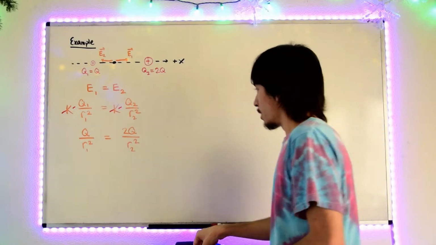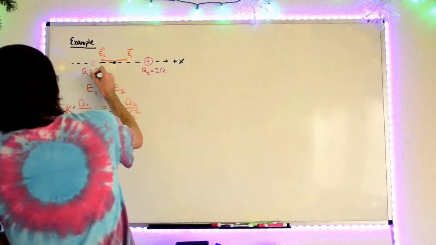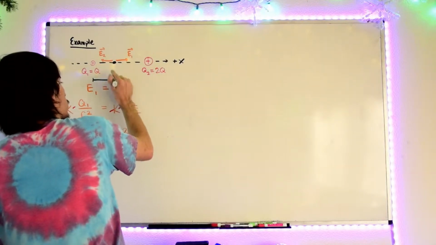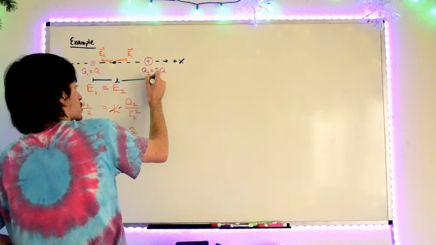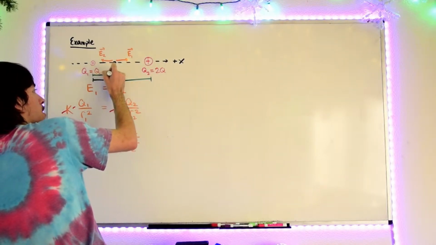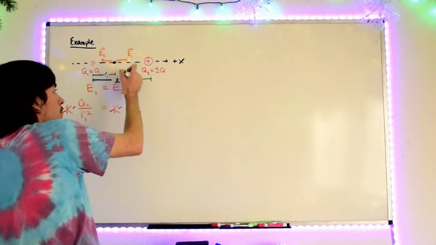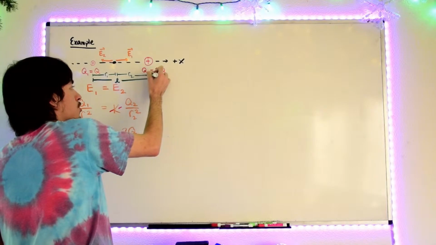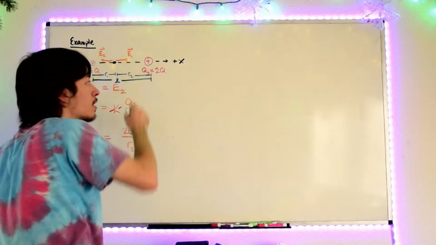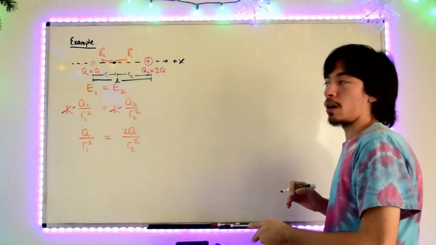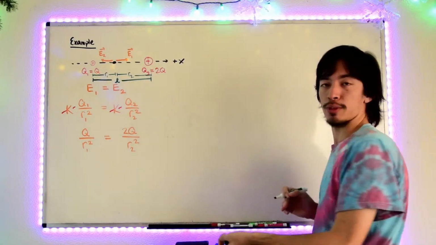What we need to realize is that R2 is directly related to R1 because we know the distance between the two, which we'll call L. The distance from charge 1 is R1 to that point of interest in the middle, and the remaining distance is R2. So there is a relationship between R1 and R2. If I were to get rid of R2, I would just need to write it in terms of R1.